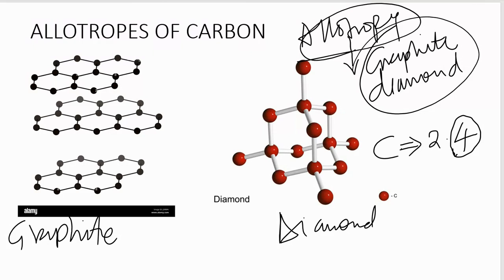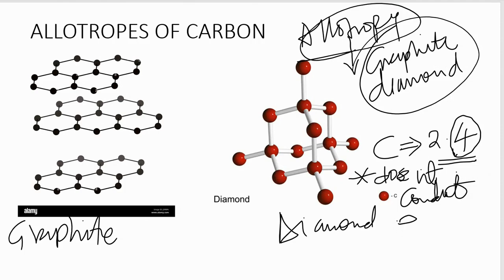And therefore, if it uses these 4 electrons, automatically it means it has no delocalized electron, and therefore it does not conduct electricity, because it lacks the delocalized electron, since the 4 valence electrons have been used in forming the bond.